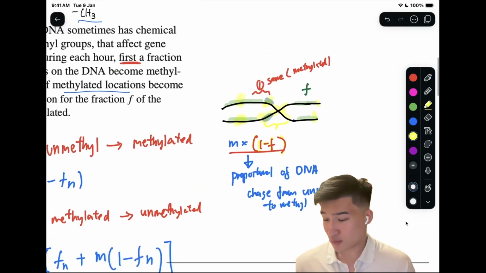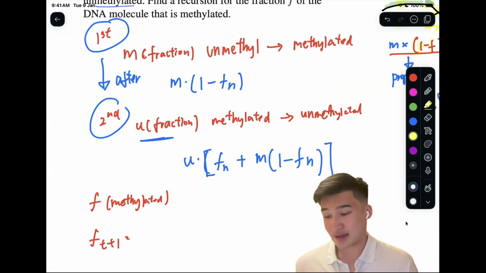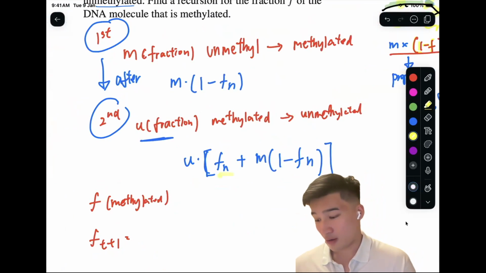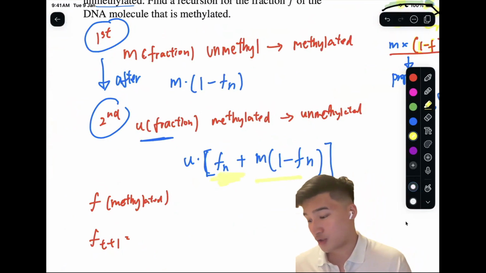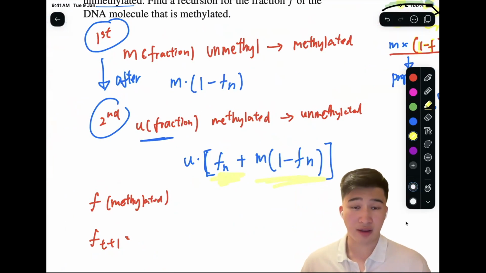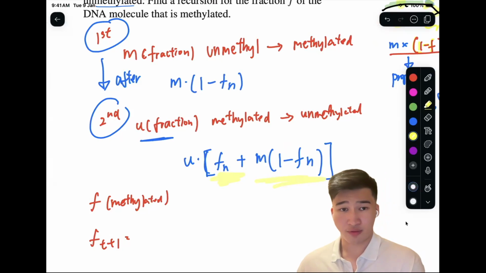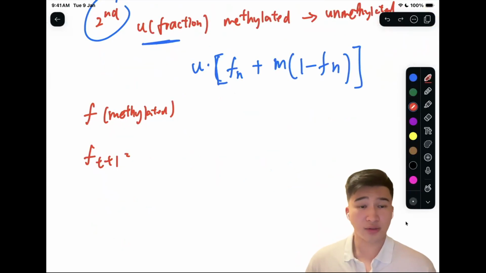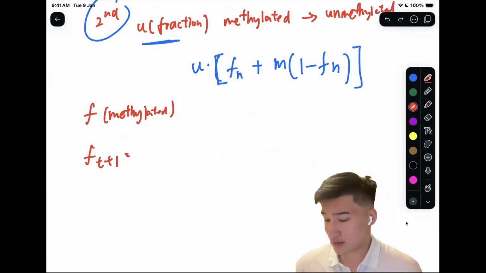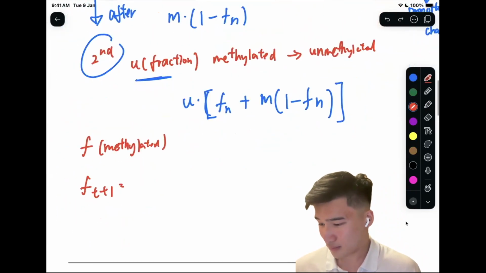So the reversion of DNA methylation is an addition of our original one as well as our newly updated one. So we're taking it as a whole and multiplying by u, the fraction at which the reversal process is happening. We can finally go to our answer and try to construct it. So we have Ft plus 1 equals... well, take a look here.